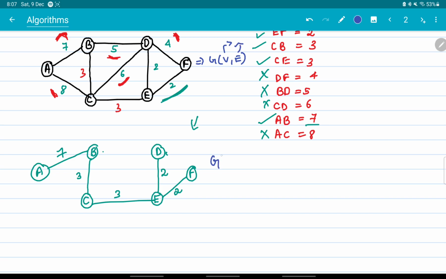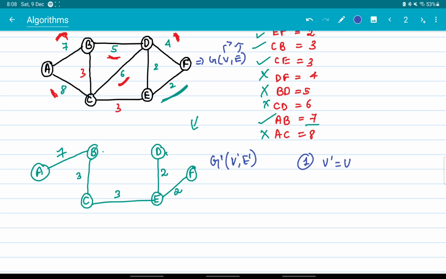And for this minimum spanning tree, you can consider it as G dash, which is of V dash and E dash, where V dash is the total number of vertices of your minimum spanning tree and E dash is the total number of edges of your minimum spanning tree. So the first rule is that your V and your V dash should be equal. That is, the total number of vertices in your minimum spanning tree and that of your graph should be equal.